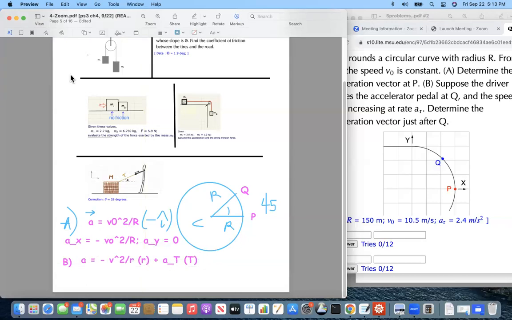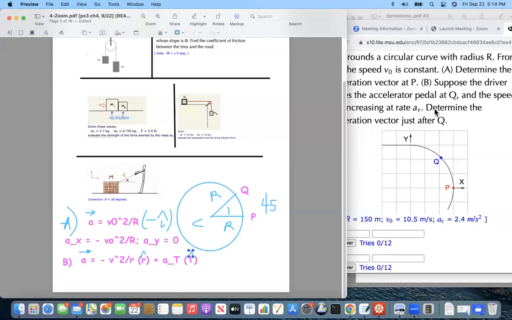So again, this is the acceleration vector. This is the r hat component. And this is the tangential direction. Now, how fast is it moving when it reaches Q?